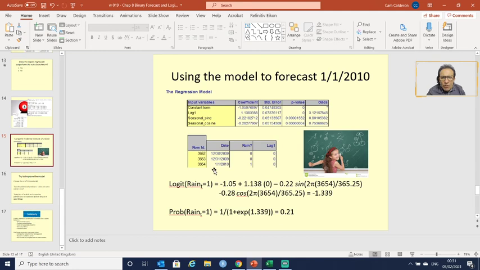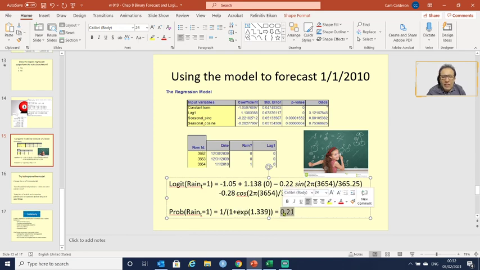Okay, so yes, we have here the estimation. These coefficients come from this table, and therefore we are able to calculate the logit function, which is minus 1.339, and with that minus 1.339, if we use the number e here, we will be able to calculate the probability of rain.